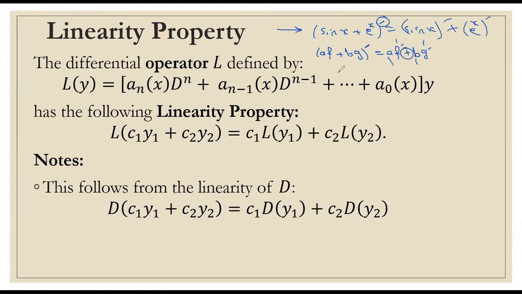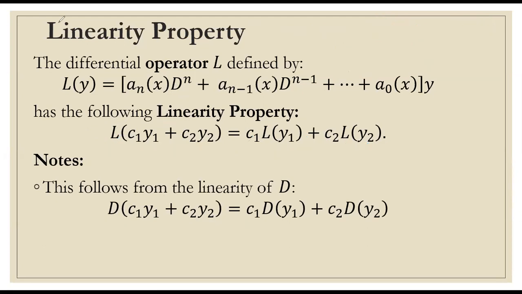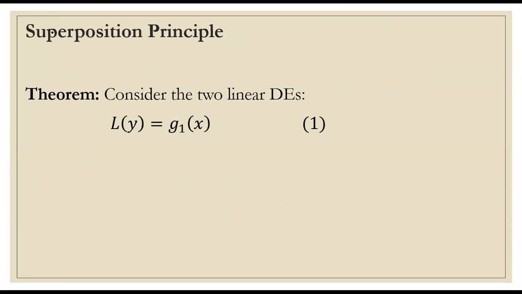The same for D, because the D is the prime. So I can apply the same rule. And also L has the same property. If you have L and a summation, you can take the numbers out and apply L to each one alone with the plus between them, because L is also some derivatives. So with the linearity property, you can find the differentiation of each one alone. Okay? Now, the superposition. Any question?